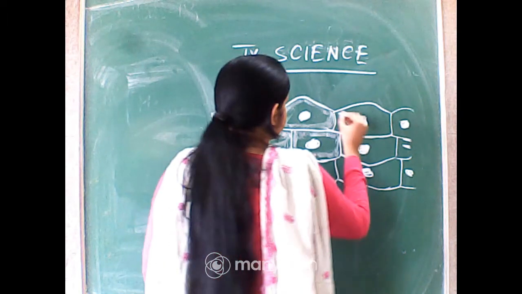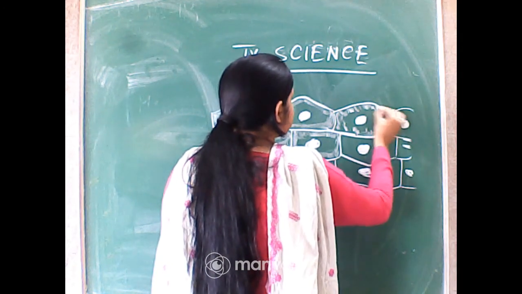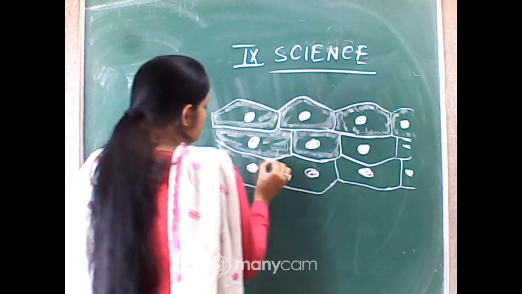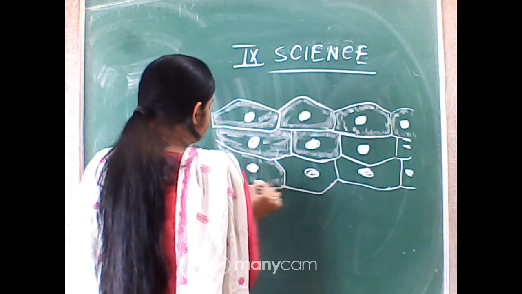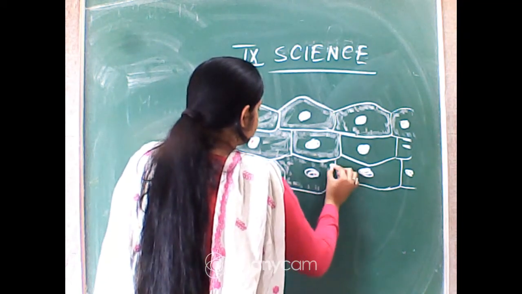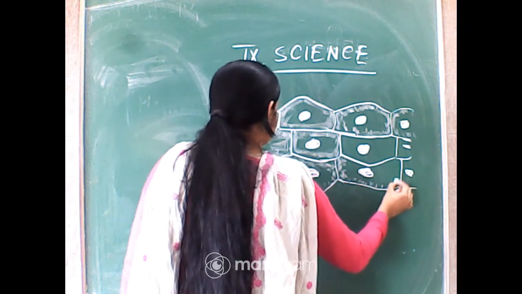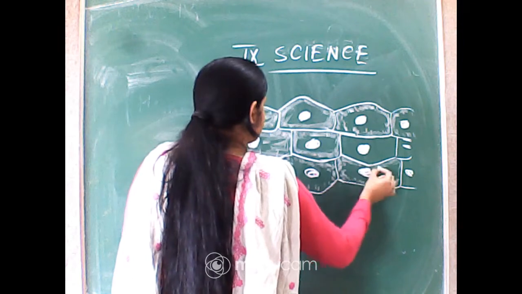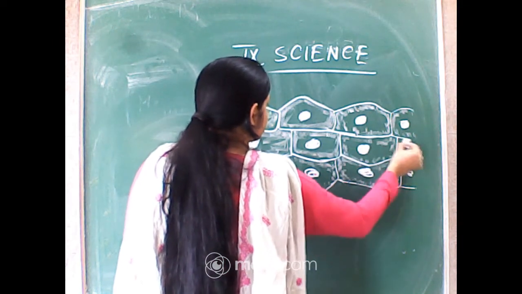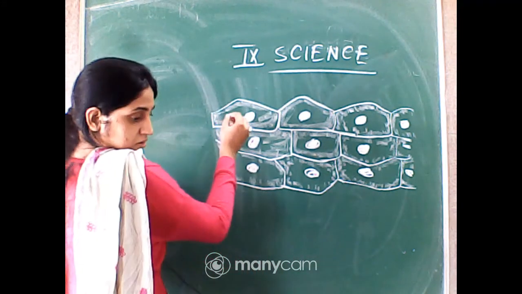This is a simple structure, onion peel, because it is a plant cell, so obviously it has the cell wall, cell membrane, nucleus, and cytoplasm.